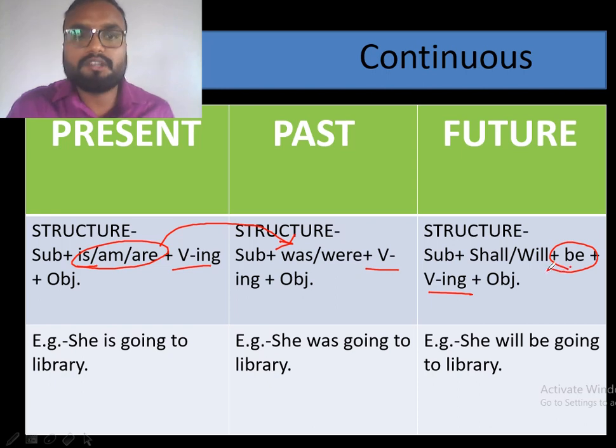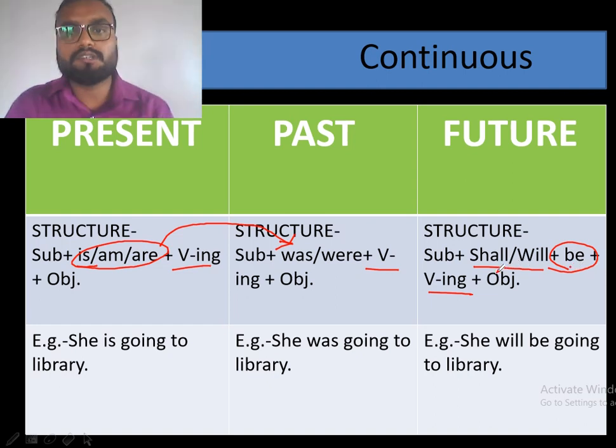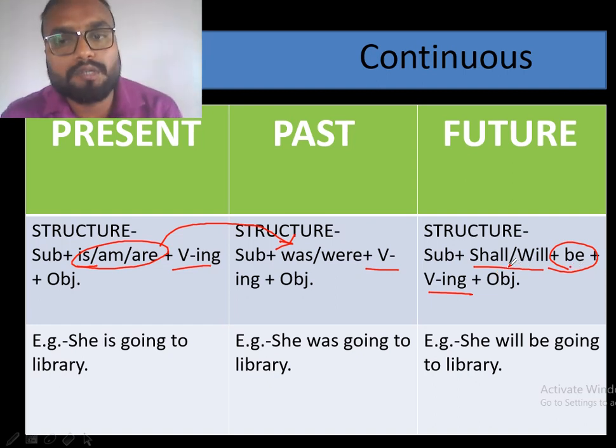Therefore, instead of is, am, are, be is used over here, as shall or will is already used as an auxiliary. Therefore be is supplied, not is, am, are. If is, am, are had been supplied, two auxiliaries would have been used together, which would form an ungrammatical sentence.